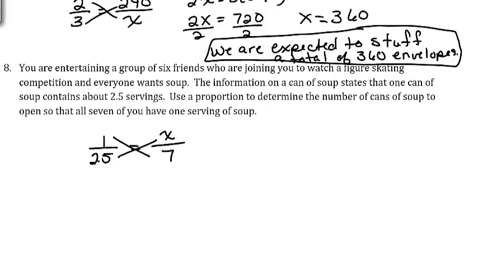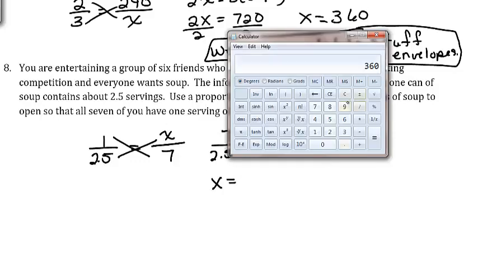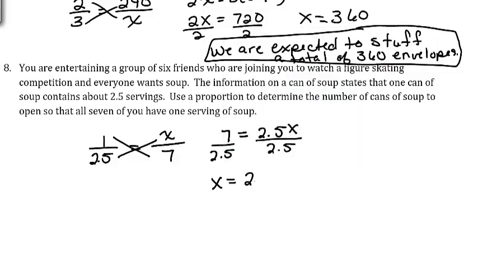And so we're going to cross multiply, and so we have 1 times 7, which is 7, is equal to 2.5x, and then we divide both sides by 2.5. And that gives us 7 divided by 2.5 gives us 2.8.